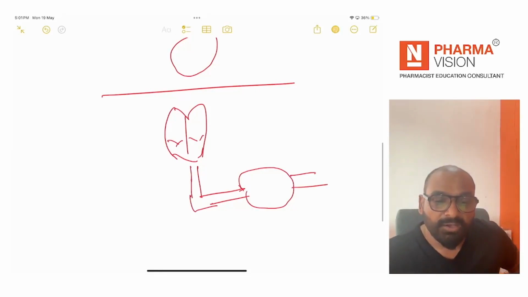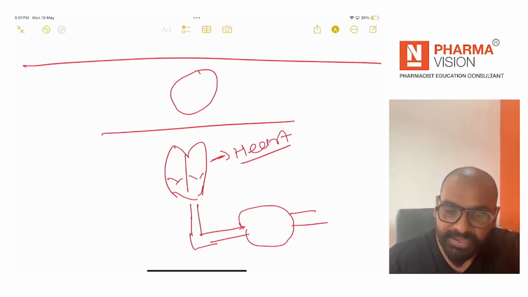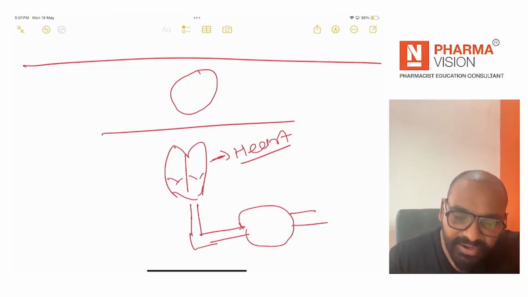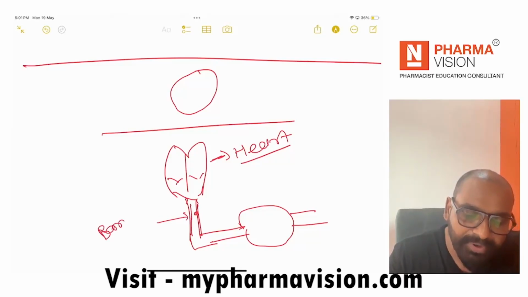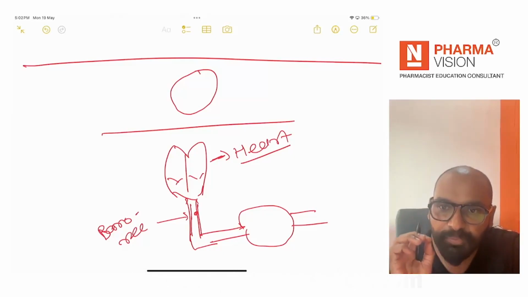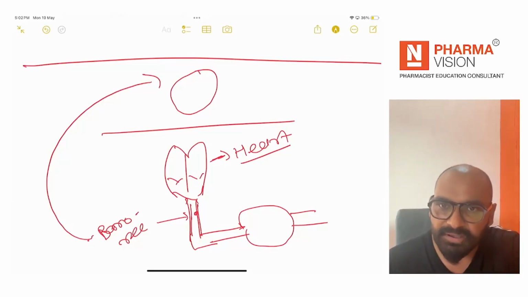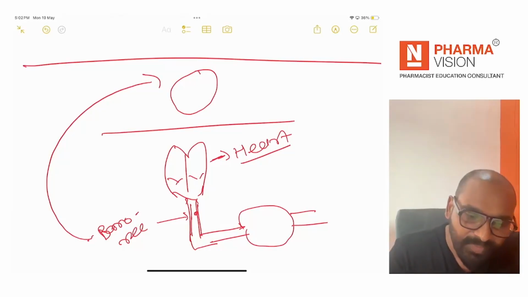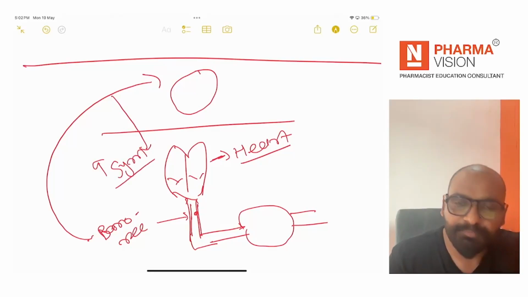Okay, so in heart failure, that means the heart is not pumping properly, so it is not generating enough pressure. These blood vessels contain baroreceptors. These baroreceptors get the signal that the heart is not pumping properly. That means they give a signal to the central nervous system, and it increases the sympathetic flow.